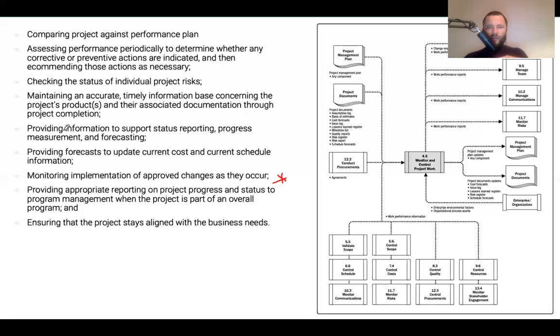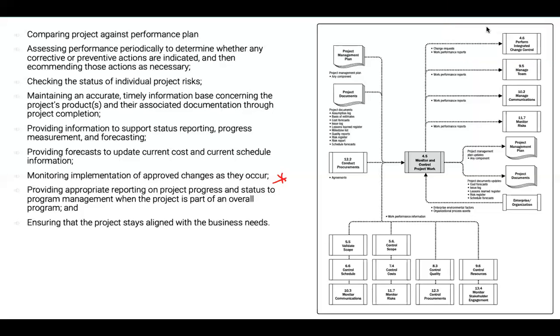So that's something that will also be looked at in the process of managing and controlling the project work. And obviously ensuring the project stays aligned to the business needs, because at every stage what we want is to keep in mind that the objective of the project is to bring us from some time in the present to somewhere in the future, which will increase our value.